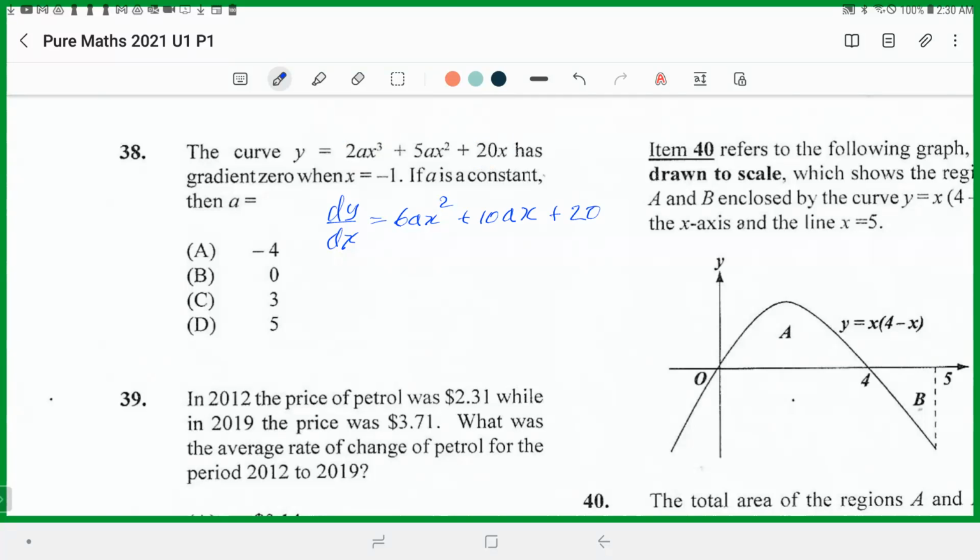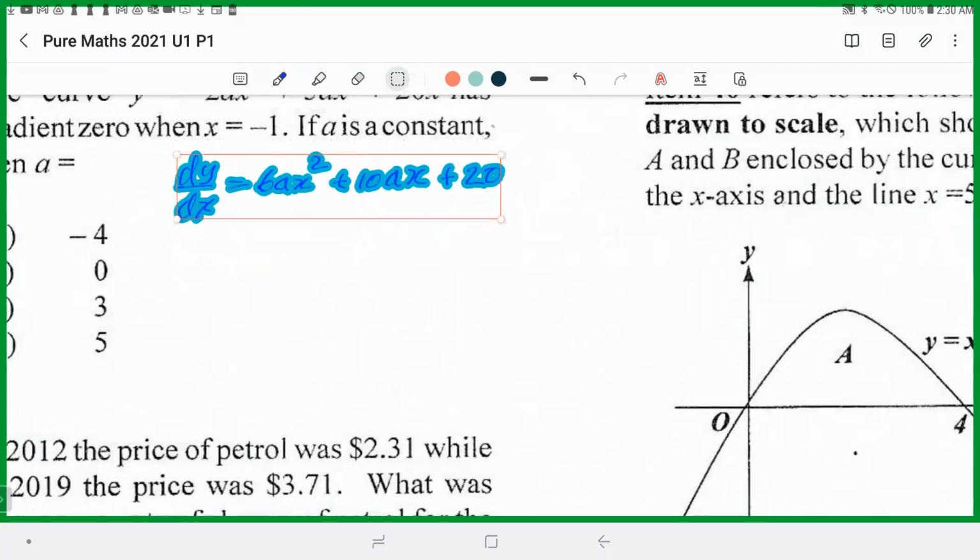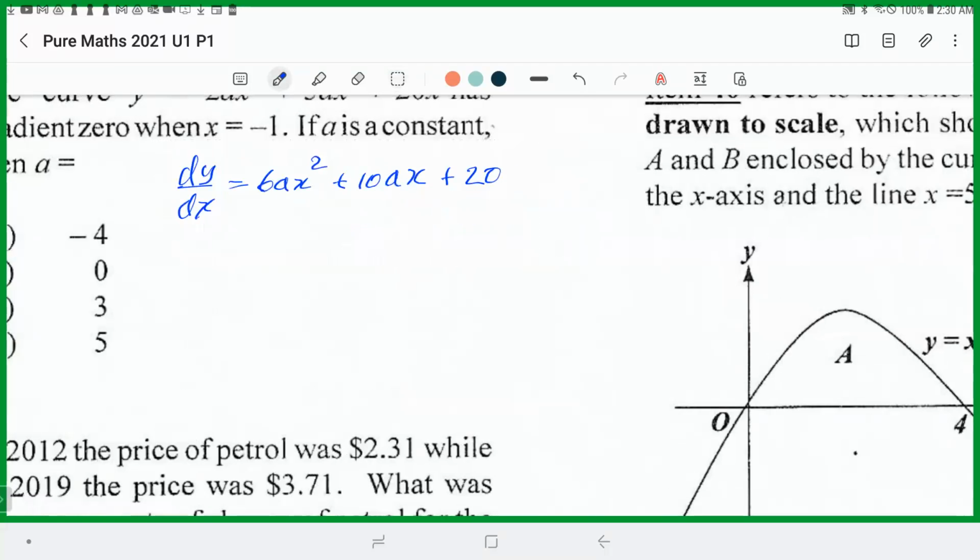So let's zoom this up. Make this smaller with some space. No space to write. So when x equals minus 1, this expression, I put minus 1 in it, equals 0.